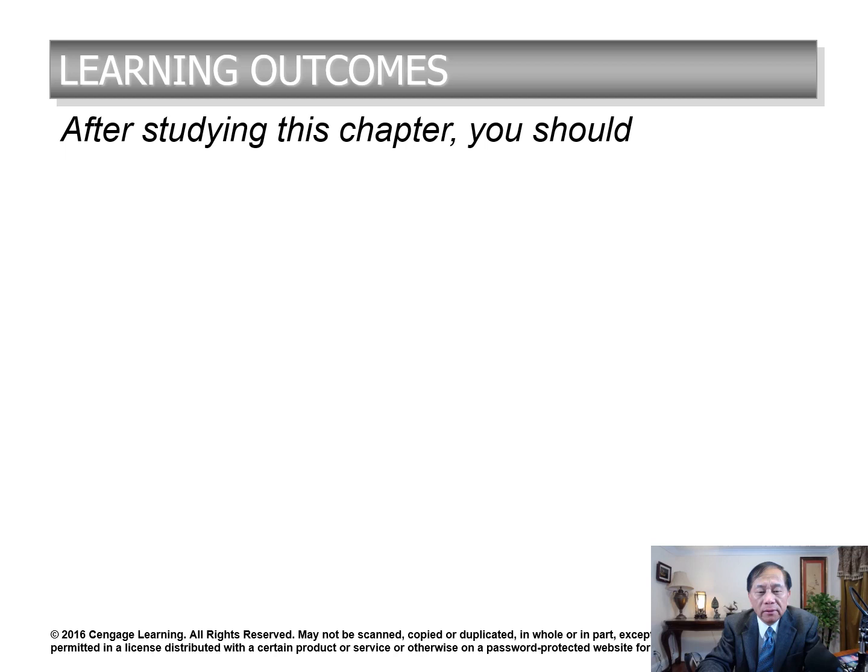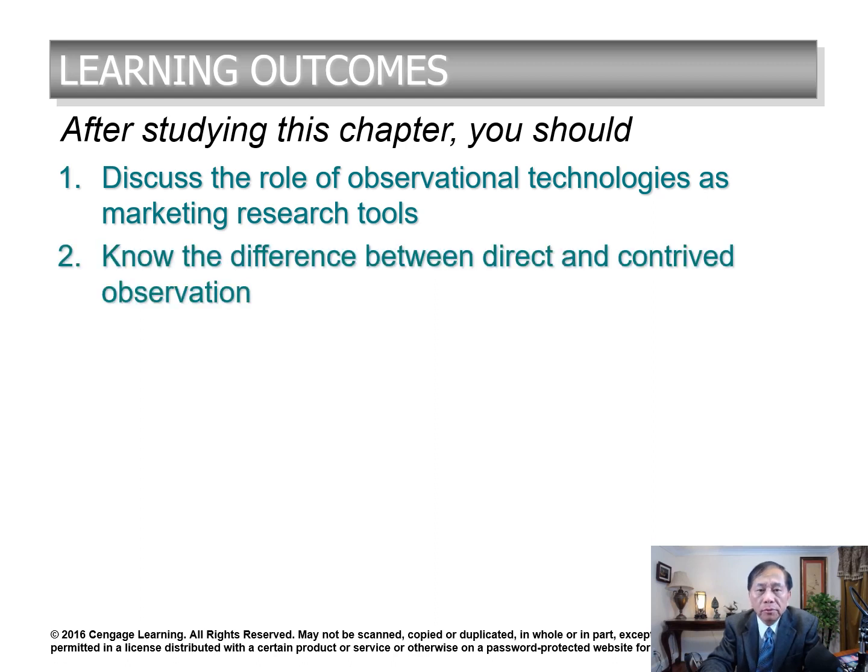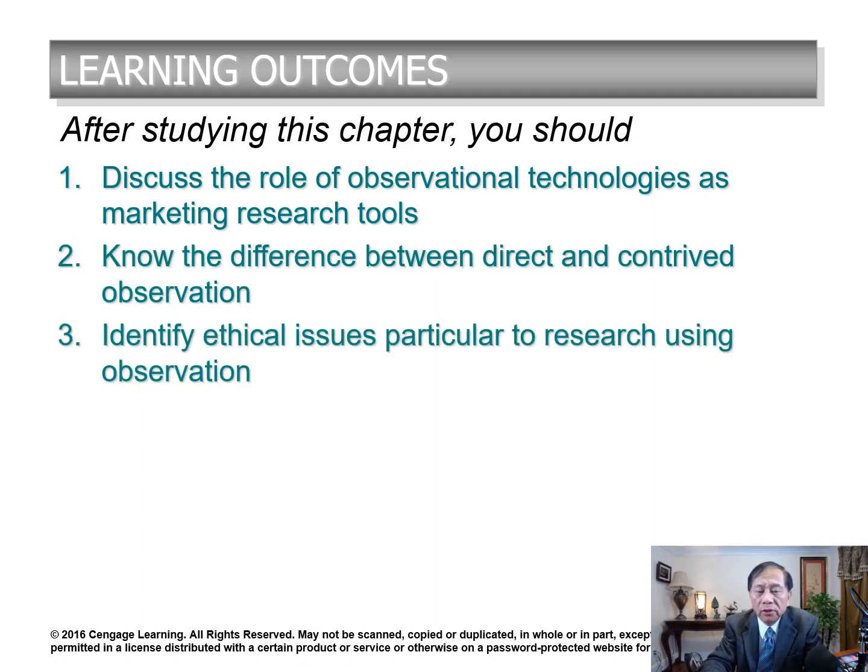After this chapter, you should be able to discuss the role of observational technologies as marketing research tools. Know the difference between direct versus contrived observation. Identify ethical issues particular to research using observation.